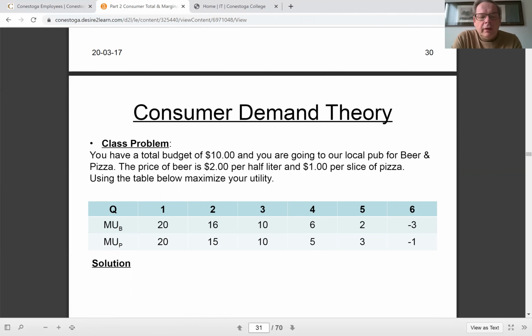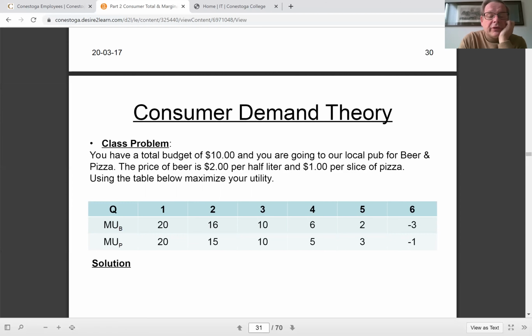In the first row here, you have the quantities consumed: your first beer, your first pizza, your second beer, your second pizza, and so forth. You know this is a marginal utility table two ways. First, I'm telling you it is, right here, marginal utility.